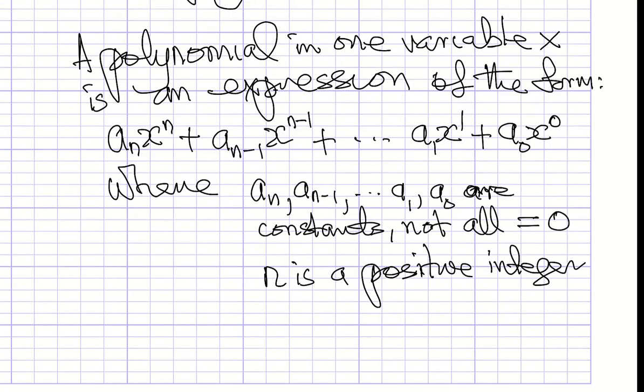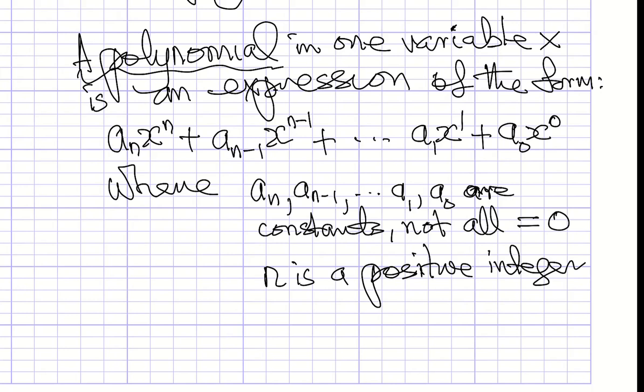Here is a formal definition of a polynomial. A polynomial in one variable, in this case x, is an expression of the form a_n times x raised to power n, plus a_(n-1) times x raised to power n minus 1.